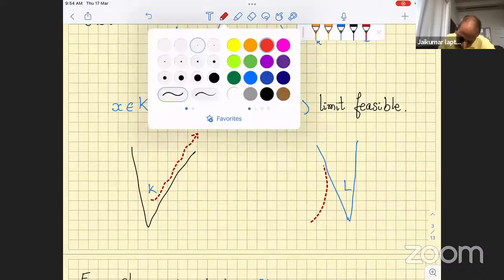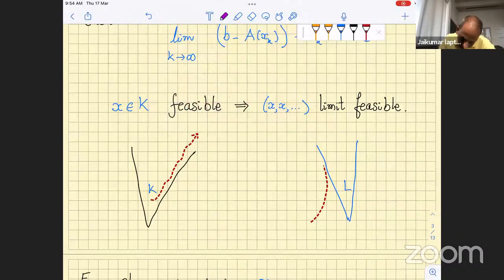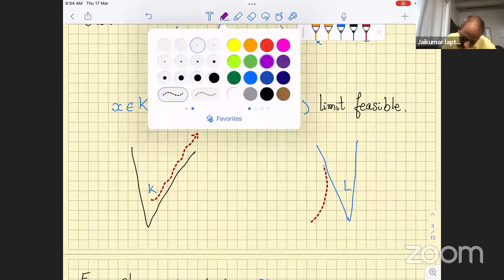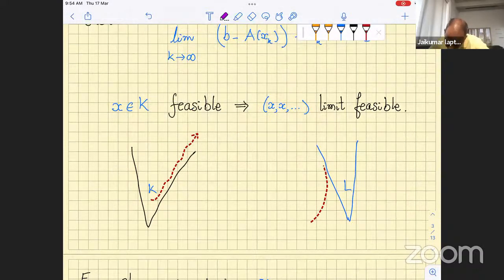And the distance between them in the limit goes to 0.